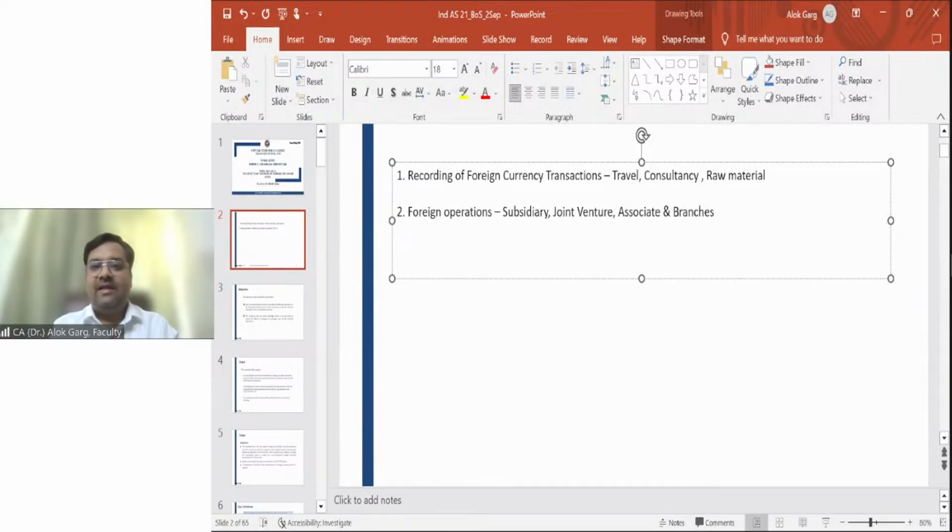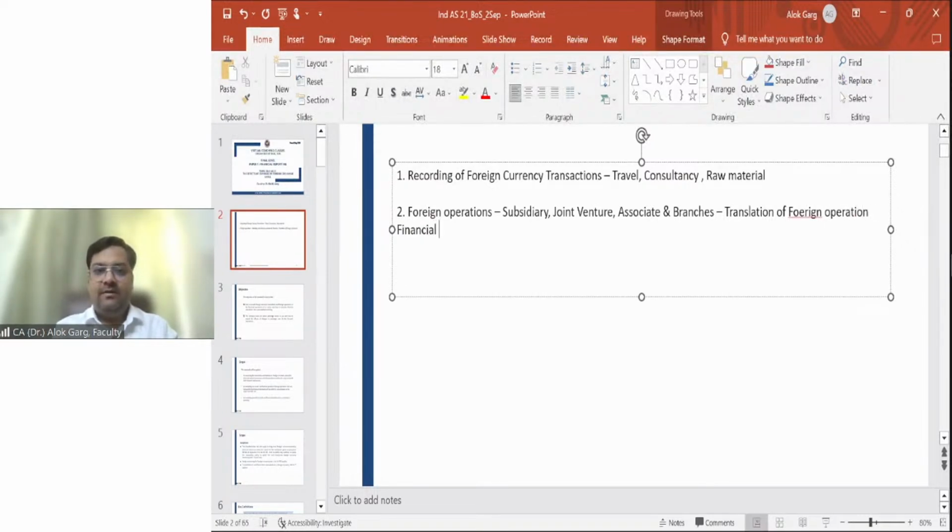Now the question arises how to translate these foreign currency financial statements into the reporting entity's currency, the Reliance currency. Okay. So translation of foreign operation financial statements.